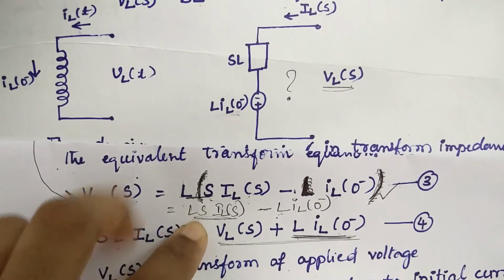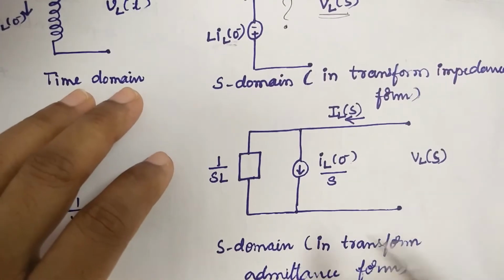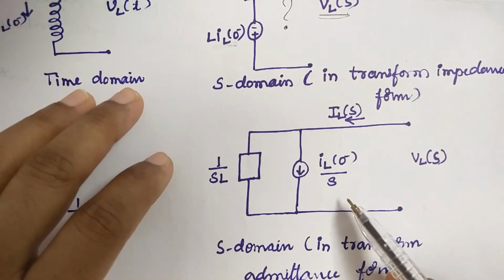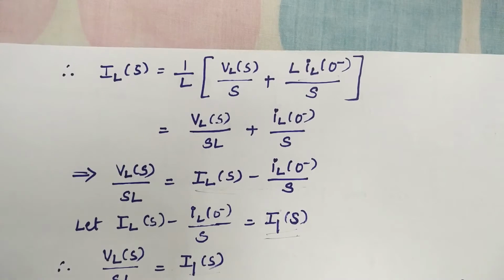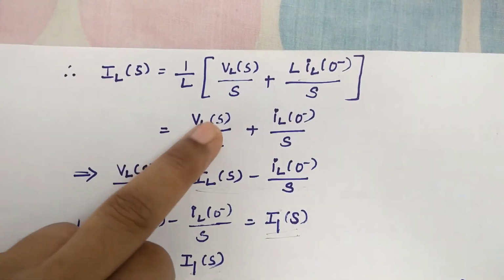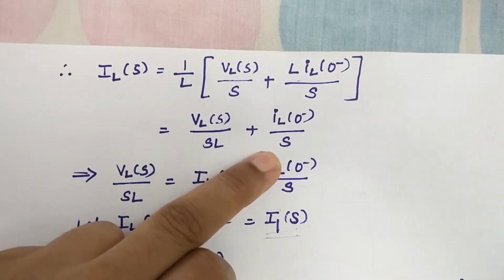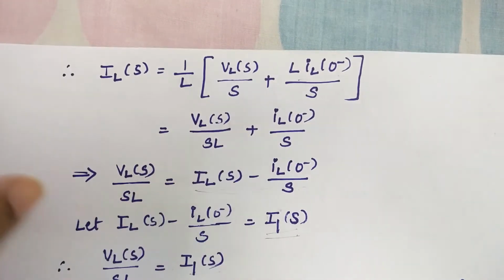In the same way you can observe the transformed admittance form also. This is the transformed admittance form equivalent circuit. So how do you plot that? So here is the equation. IL of S is equal to VL of S by SL plus IL of 0 minus by S. So keep this equation in your mind.